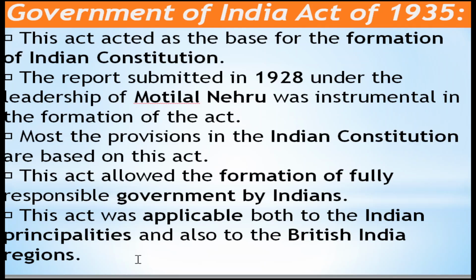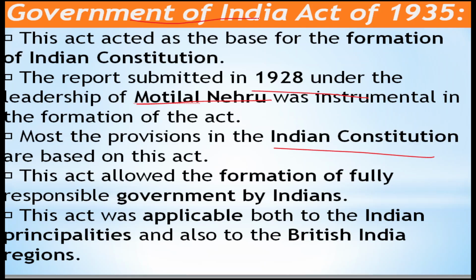Okay, now move to the Government of India Act 1935. This act was the base for the formation of the Indian Constitution, because most of the things were borrowed from this one. The report was submitted in 1928 by Motilal Nehru, and those were added in this act, along with Motilal Nehru's advice. It means the Indian Constitution is mostly based on the Government of India Act of 1935.